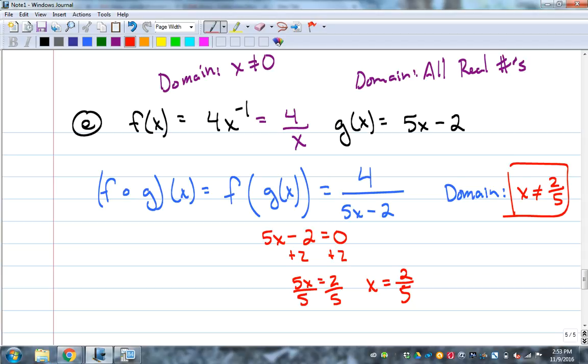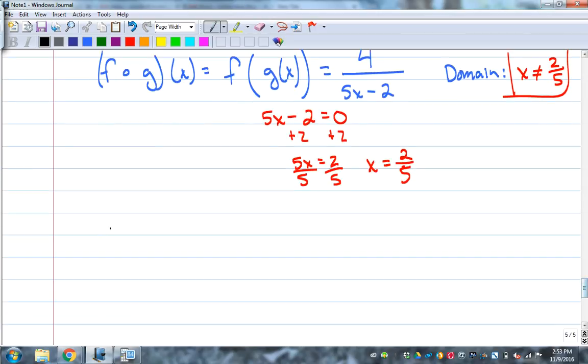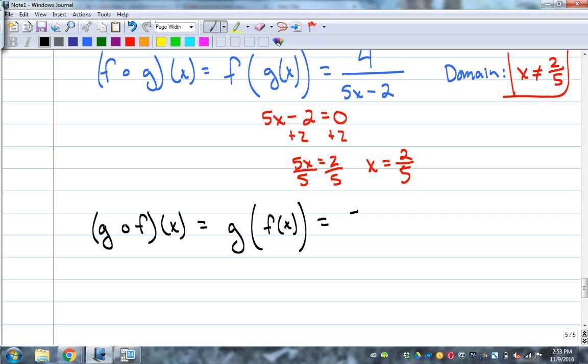All right, let's go the other direction. Let's do g composed with f. G composed with f. So that means you're taking the f of x function, 4 over x, and plugging it into the g of x function. So we would have 5 parentheses, 4 over x, close parentheses, minus 2.